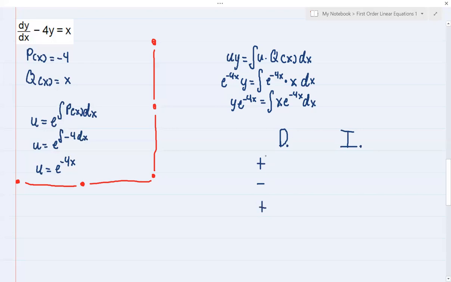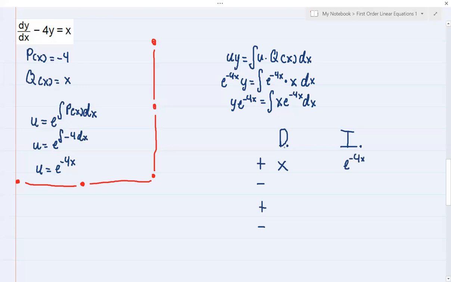Okay. And for the D, we have a column for alternating signs. So we have positive, negative, positive, negative. So my D here will be my x. I'm going to use it to differentiate. While e raised to negative 4x will be my I. So I'm going to use it to further integrate.